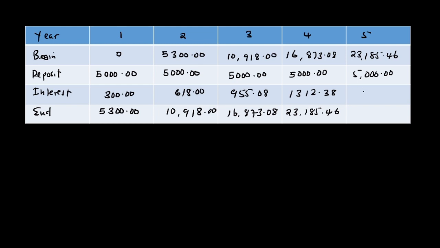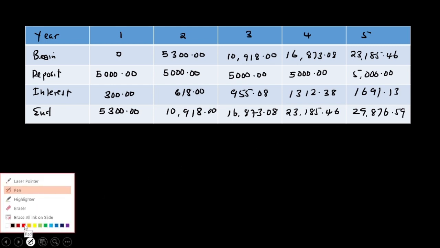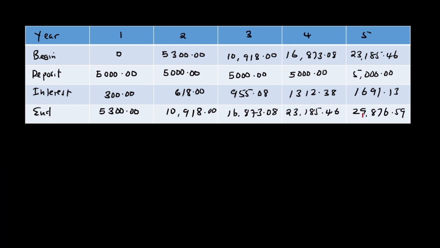The 6% of that will be 1,691.13, which will give us a total now of 29,876.59. So this is the value that we got using the formula.